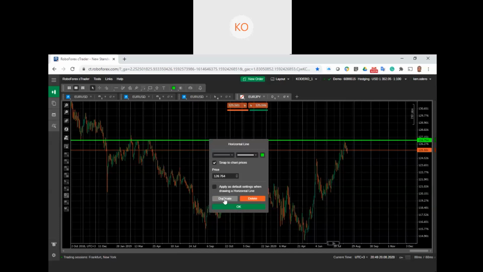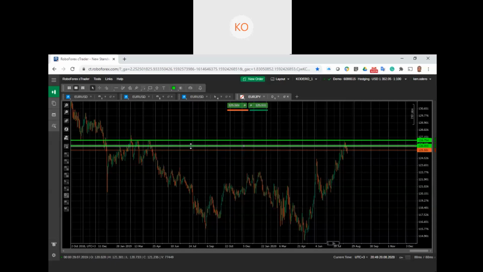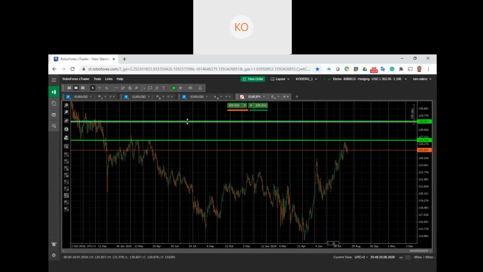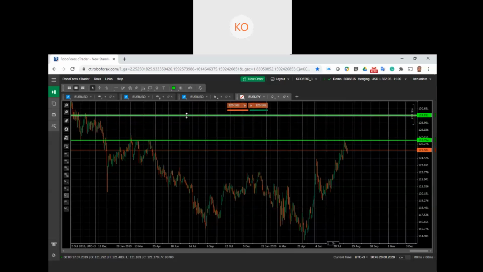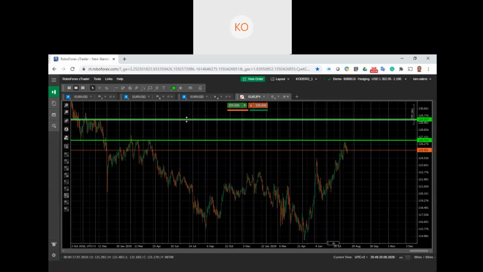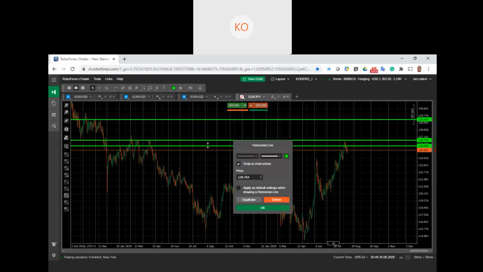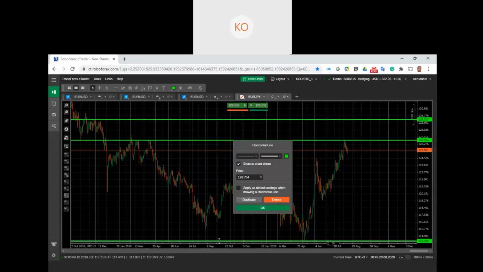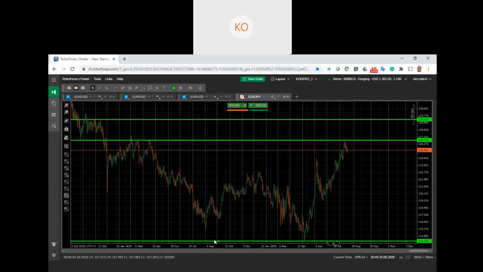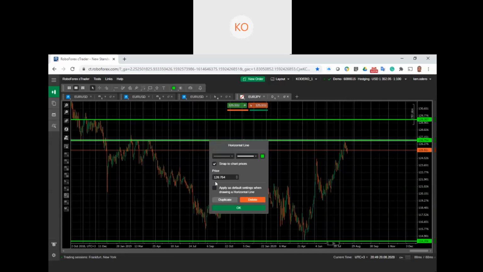In this case, I'm just going to hit duplicate, and then I'm going to look at the next zone. Because this is daily, I want to mark the last high that I'm seeing here, that I can see touched several times, and that's here. Then I'll duplicate again, and then mark the lowest point I can see without thinking much.